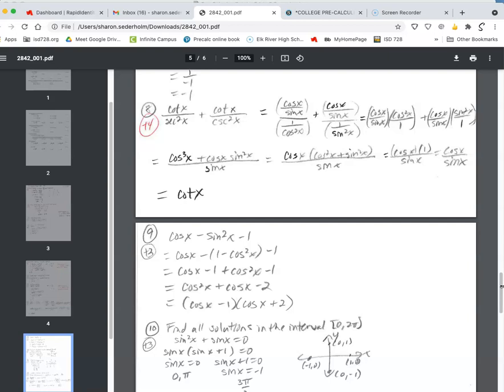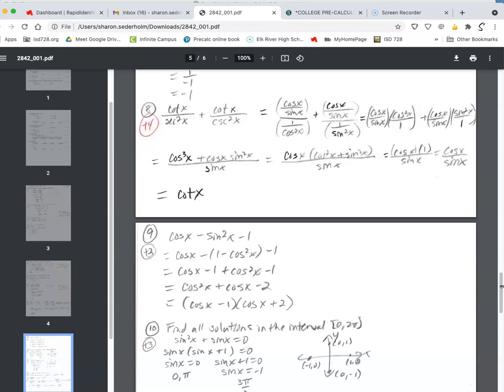All right, number 8. This one definitely takes some more work to simplify the expression. Now, again, you're going to see this is kind of the long way here because I changed everything into cosine and sine, but you can get to the correct answer, and that's what I saw the bulk of students that did this correctly were doing this math right here. So cotangent of x becomes cosine of x over sine of x.